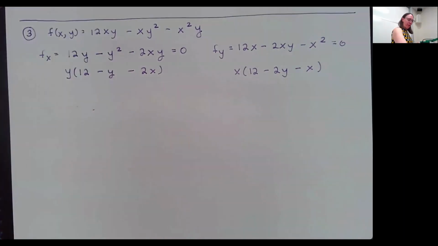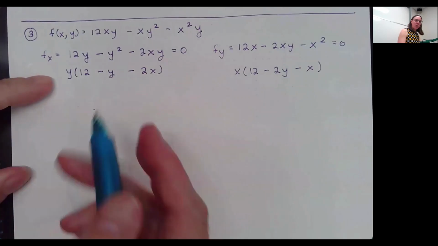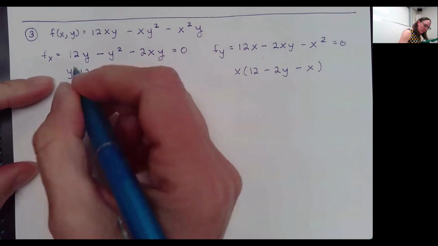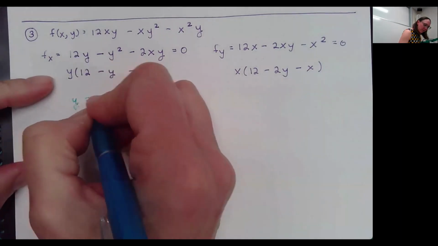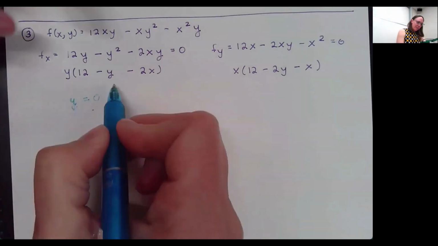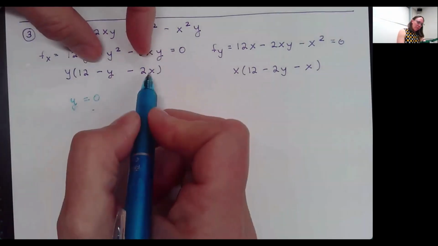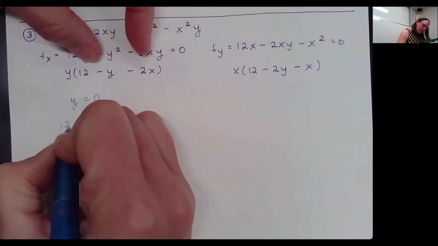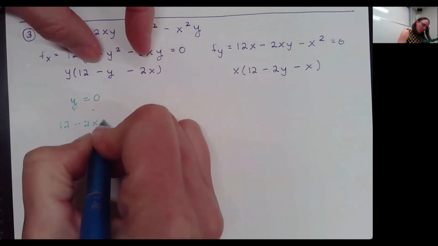Okay. From our partial with respect to x, that means one of two things is going to be true. Either y is equal to 0, or if I set this other piece equal to 0, I'm going to move my y over and say that 12 minus 2x is equal to y.